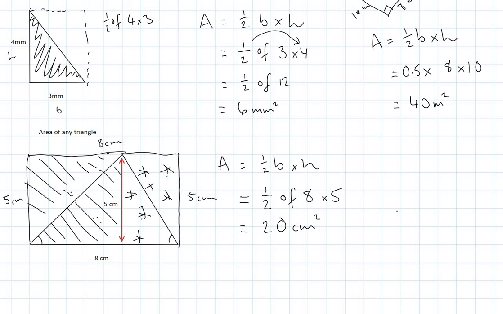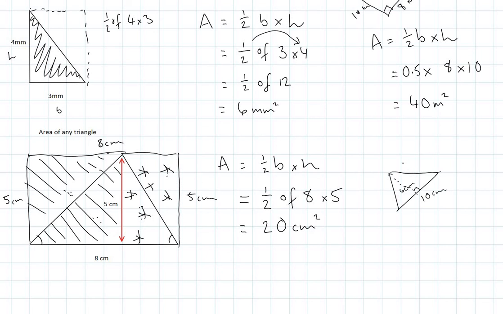And again, it doesn't matter if I drew a triangle whatever way up, whatever length of sides. Let's make it even a little bit neater. It's still going to be half the base times the height. I need to have that height marked in though with a right angle. Sometimes they'll give you extra ones. Let's say that's like 10 centimeters at the base and 6 centimeters up and down. They might give you these extra measurements.